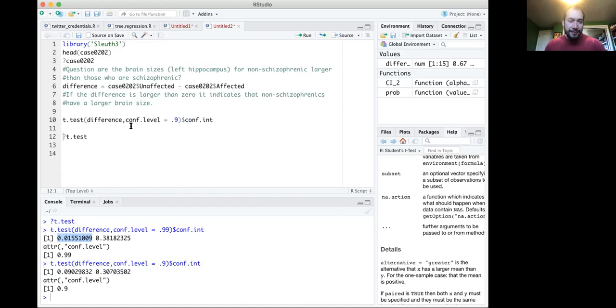The first is, what does this confidence interval say?